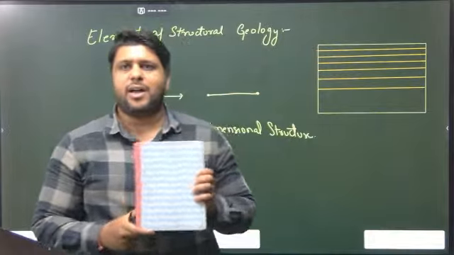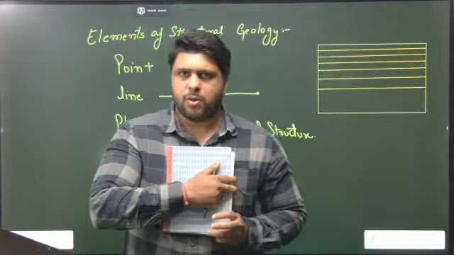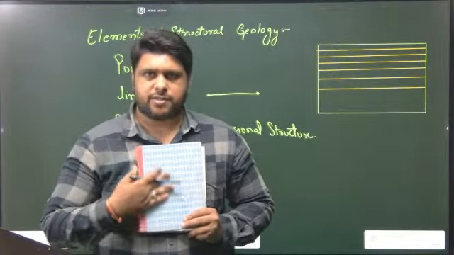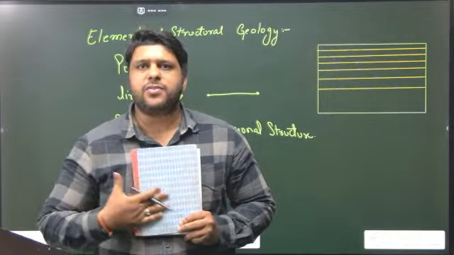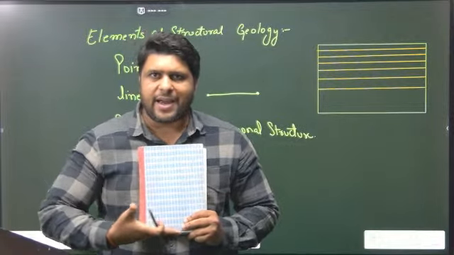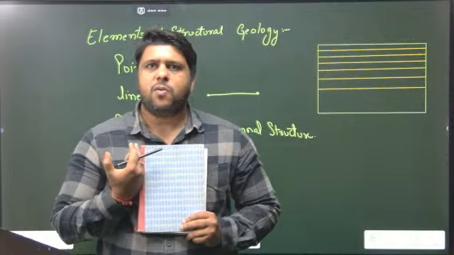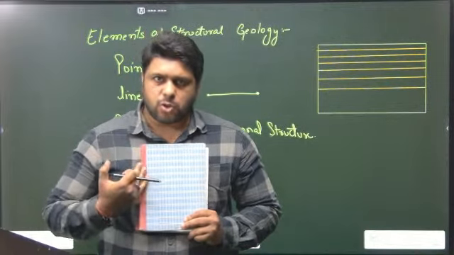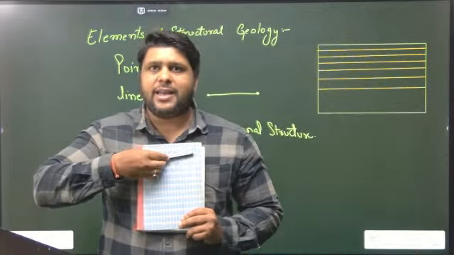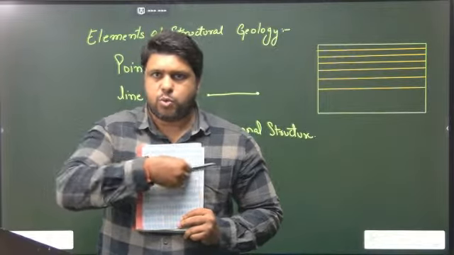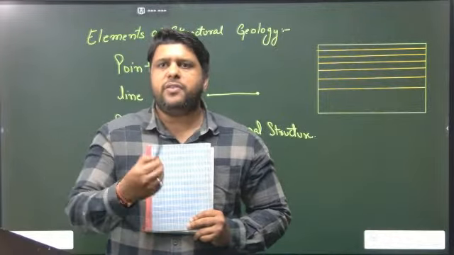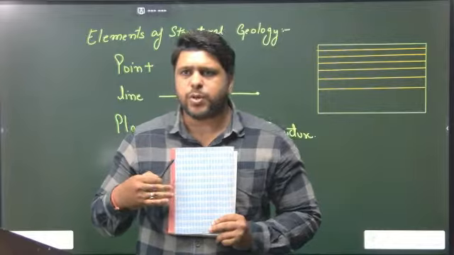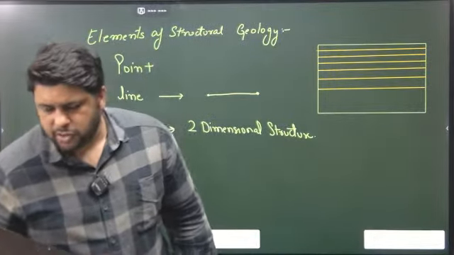If I am holding a book, this surface is a planar surface because it has an x coordinate as well as a y coordinate. In this I can have any number of lines: 1, 2, 3, 4, 5, 6, infinite lines I can draw. So this is my planar structure.